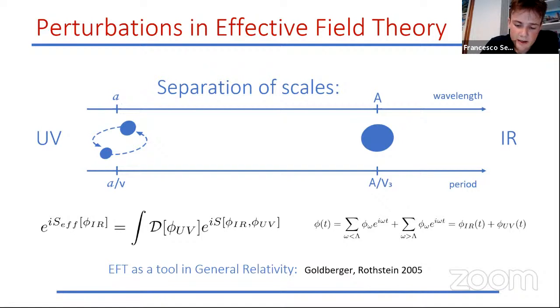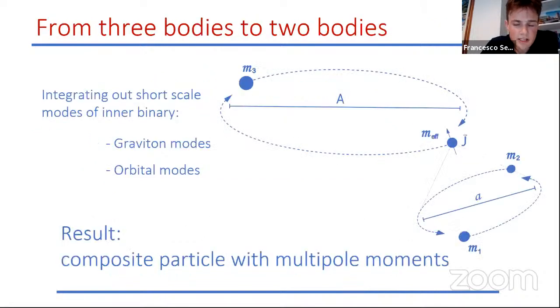And well, let me anticipate the result, which is that once we integrate out the short scale modes that encode the dynamics, the details of the inner binary, we get to an effective theory that couples the third body to an effective point particle, which represents the inner binary.